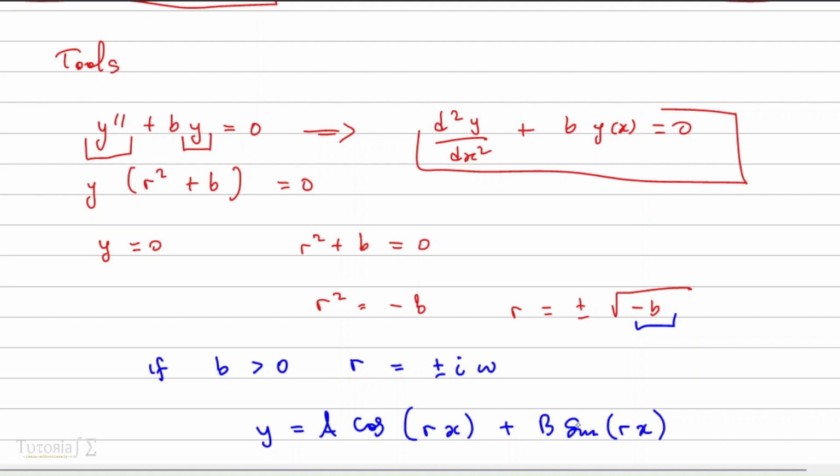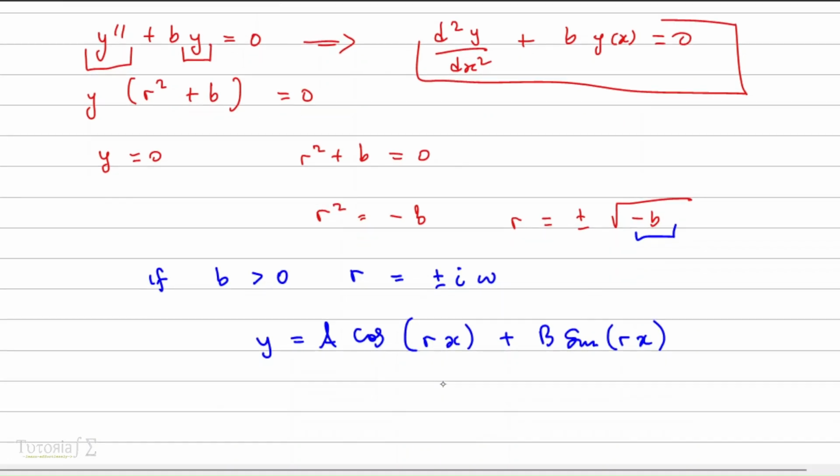So this will be the general solution. It means you have solved this differential equation. So you take note of this because it is what we are going to be using.